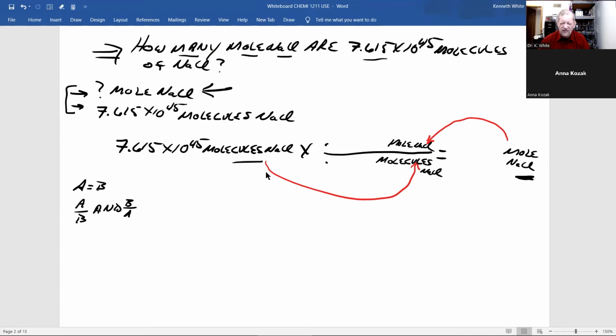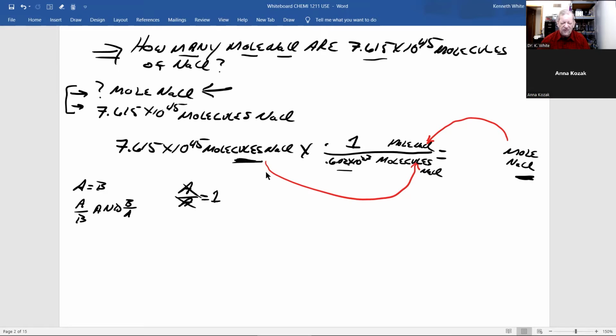So what's the relationship between moles and molecules of a compound? 1 mole equals 6.02 times 10 to the 23rd molecules. And don't forget, this is Avogadro's number. And now remember, anything divided by itself equals number 1, which means it cancels out.